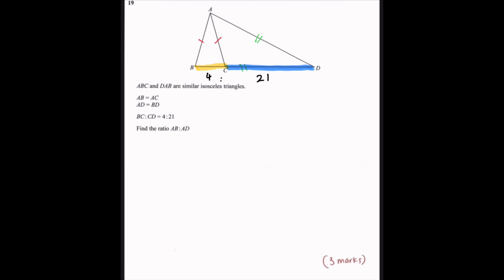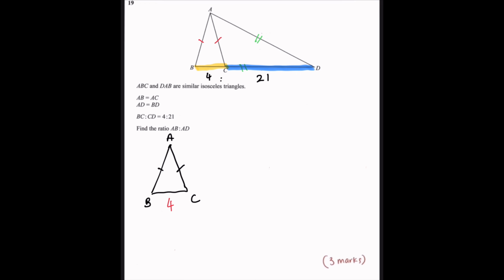Okay, so let's draw this out. I'm going to draw out the small triangle first. Okay, so we have triangle A, B, C. And we know this is isosceles. And I'm going to call this length 4. Then I have this big triangle.